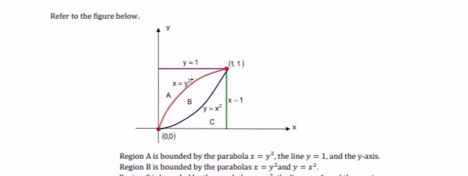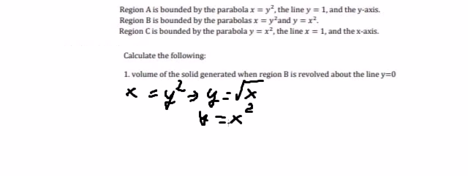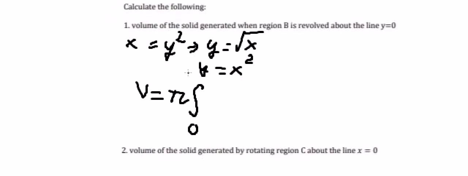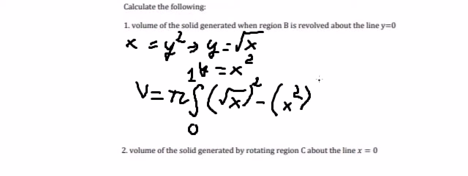Because this curve is above this curve here, we can use the volume equal to pi multiplied by the integral over the interval from 0 to 1. This curve is above this one, so we have the square root of x to the power of 2 minus x squared to the power of 2 dx.